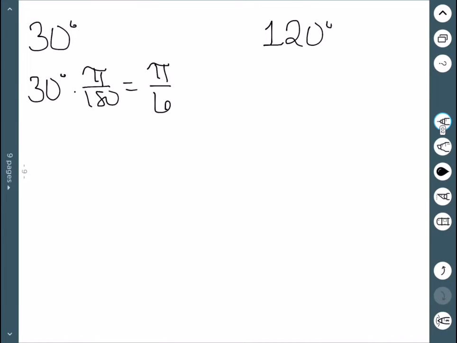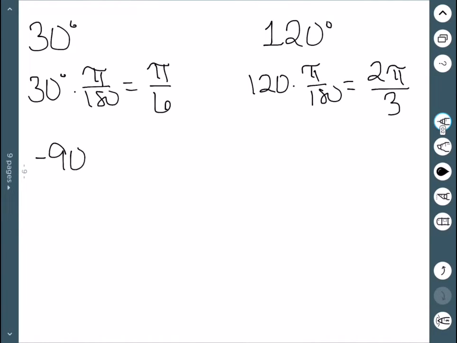For 120 degrees, we would do 120 times pi over 180. And 120 over 180 is 2/3, so this is 2 pi over 3. Negative 90 degrees. This time I would multiply 90 by pi over 180.